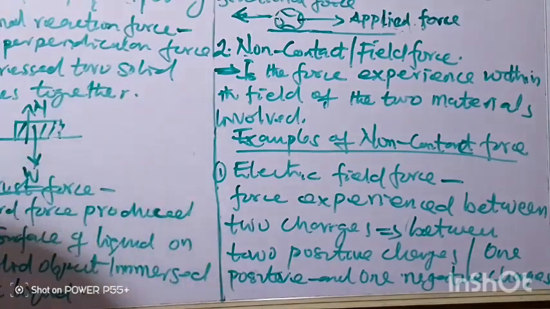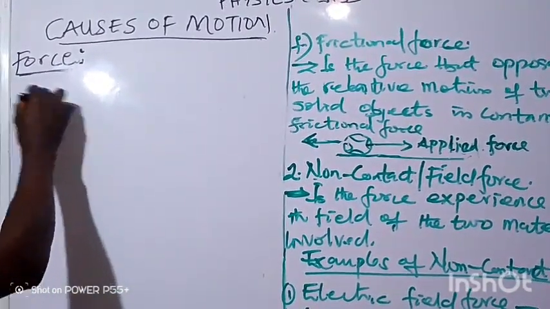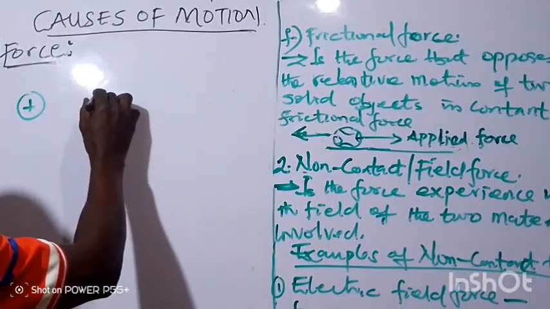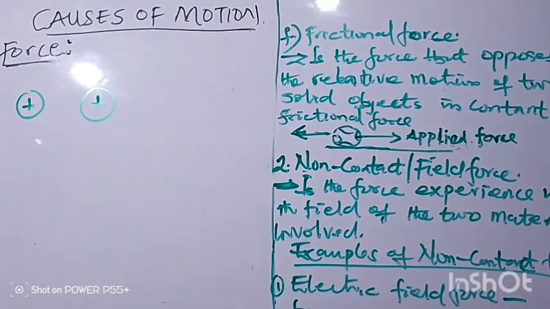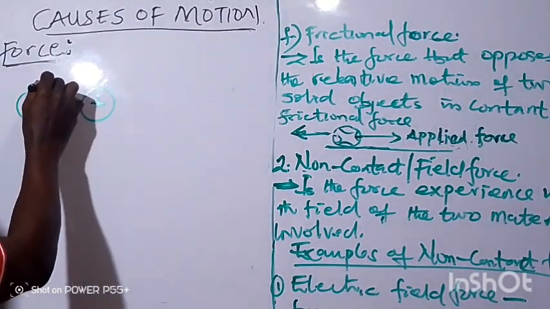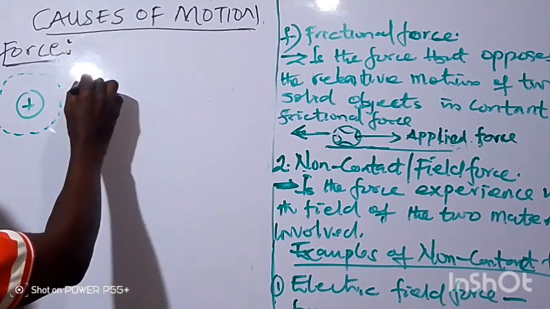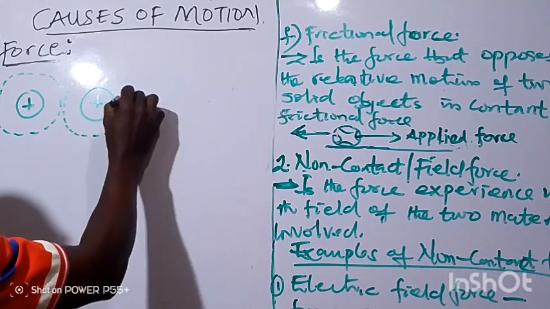This time, let's say this is a positive charge and this is another positive charge. So when you bring them together, this is the region of this one and this is the region of this one. That is the region of the electric field.